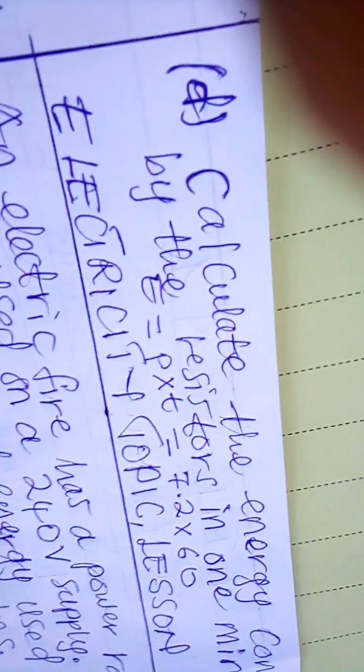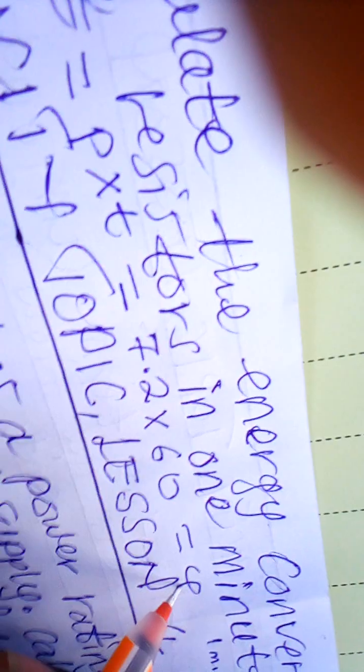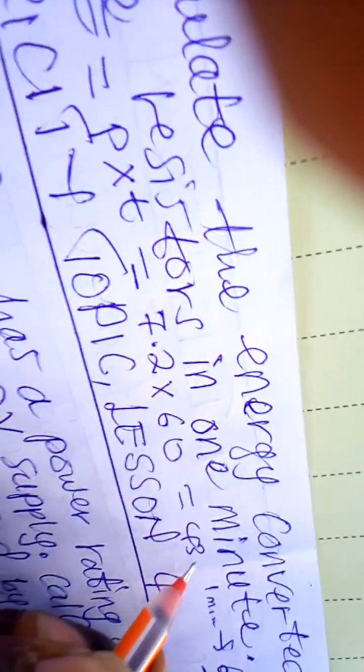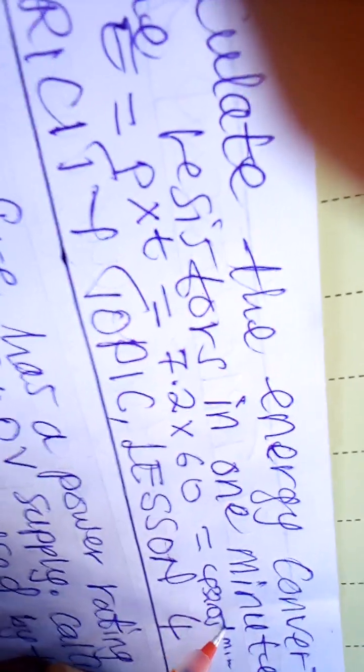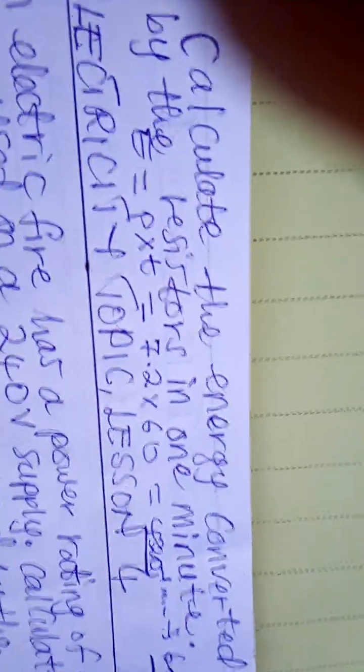So here the energy is 432.0 joules. So this is the answer. The question was to calculate the energy converted by the resistors in 1 minute.